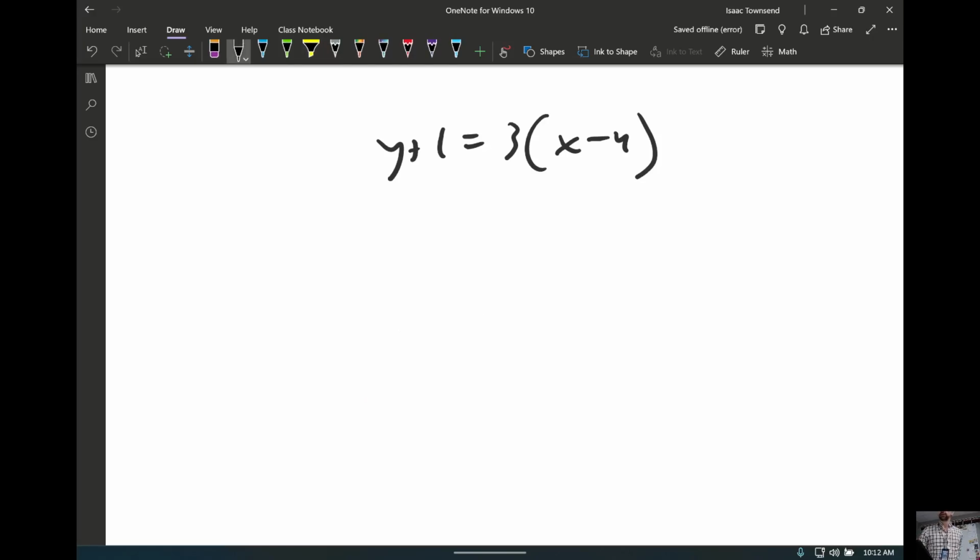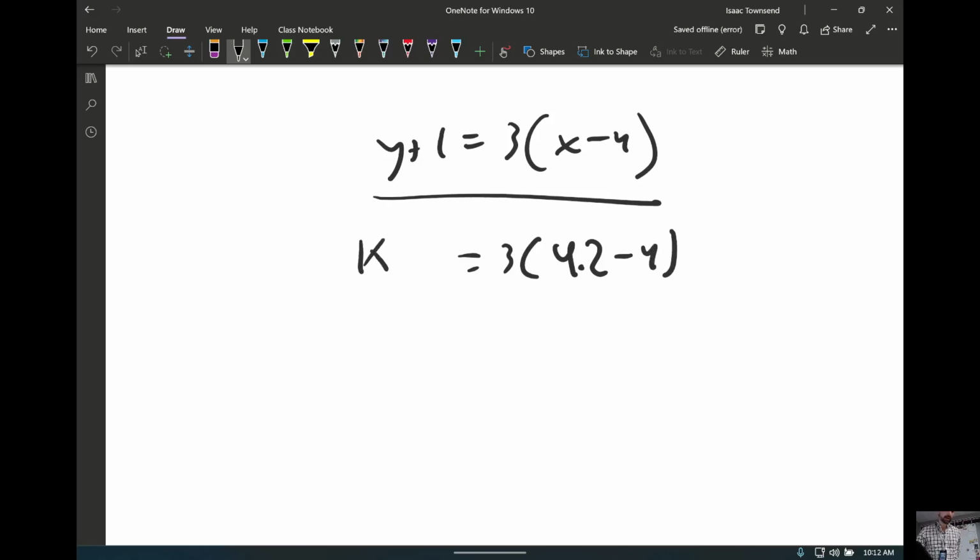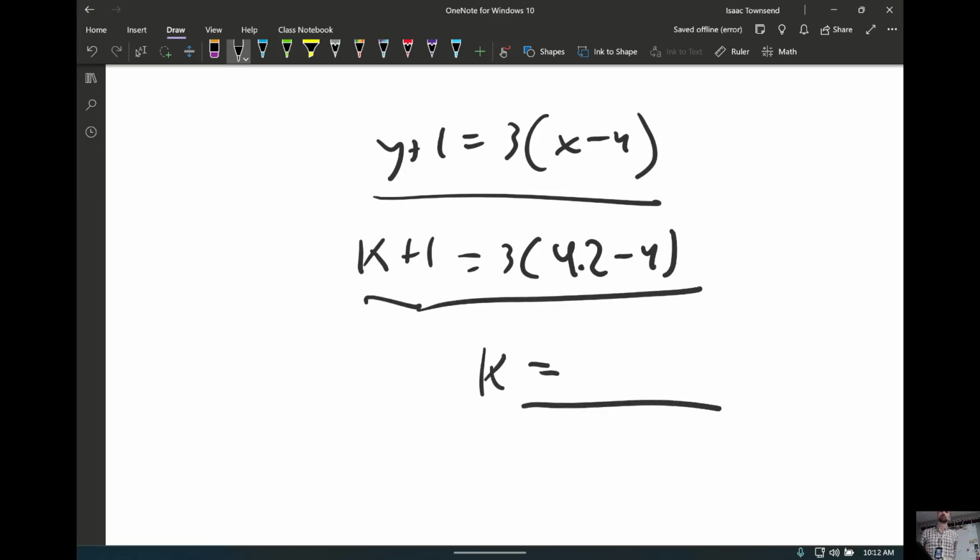So to estimate, you're going to take this guy when x is 4.2 and y is k. That gives you an equation you can solve for k.